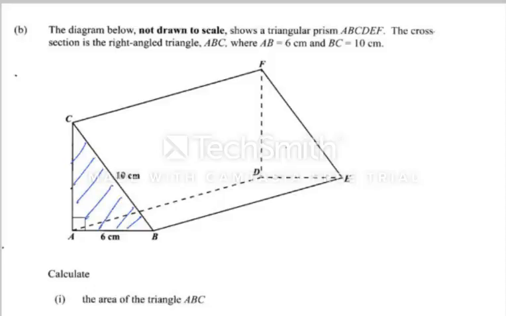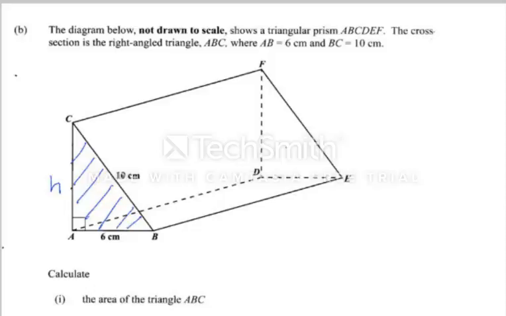Now the first thing we're asked to do is calculate the area of triangle ABC. Since it's a right angle triangle, the area of the triangle would be half base times height. The height is missing, so we need to find out the length of the height.